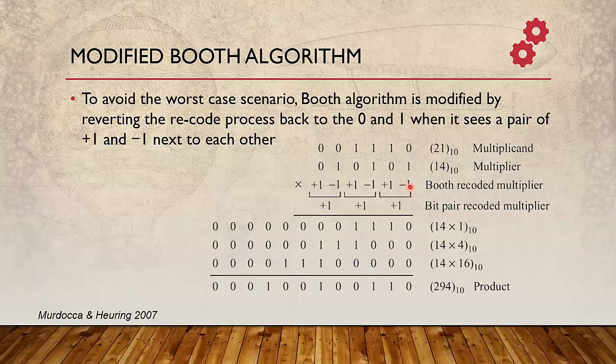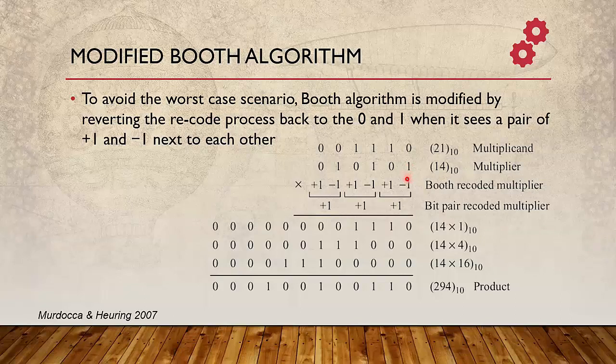In original Booth algorithm, this is what we get after recoding. But in modified Booth algorithm, if we see negative 1 and positive 1 next to each other like this, we combine them to become positive 1. And this positive 1 is aligned with the original positive 1 before recoding into Booth algorithm.